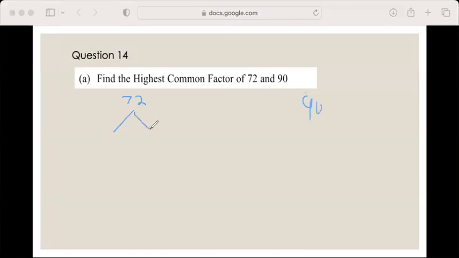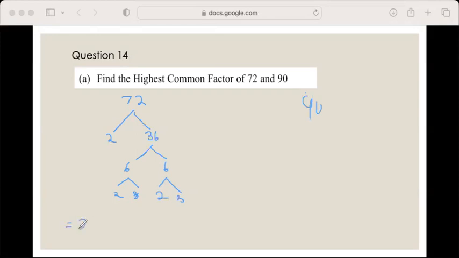So when we factorize 72, it is 2 times 36. 36 is what? 6 times 6, which means 2 times 3 and 2 times 3. So the factors we have for 72 is 1, 2, 3 twos.